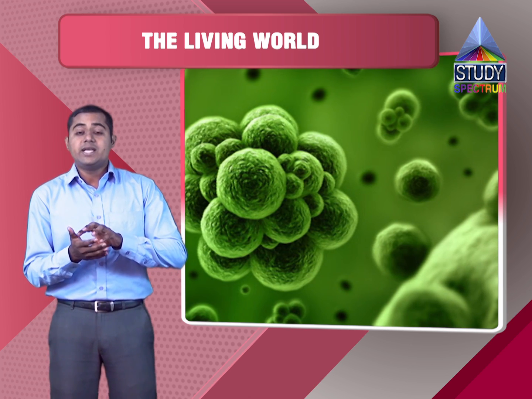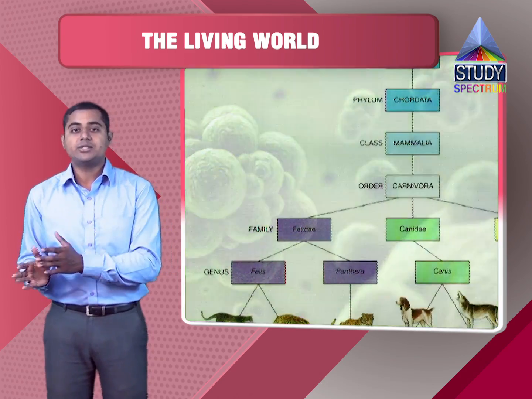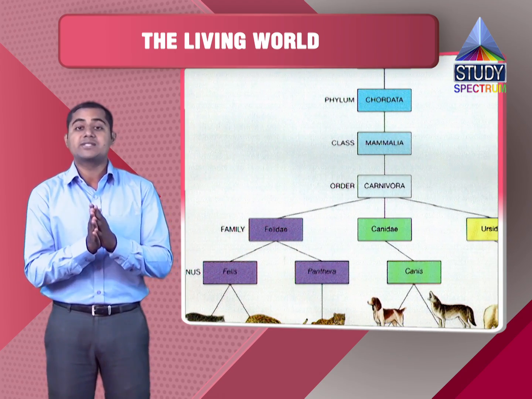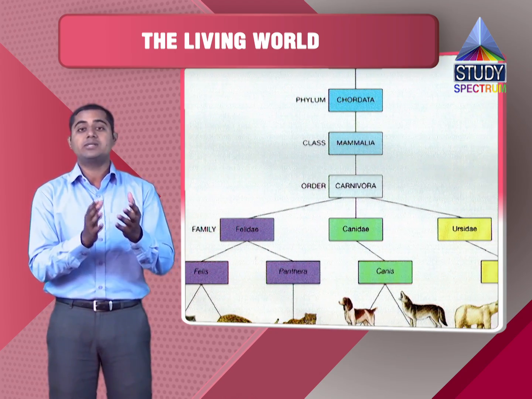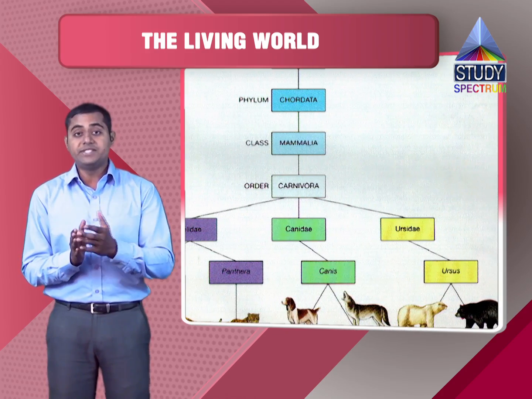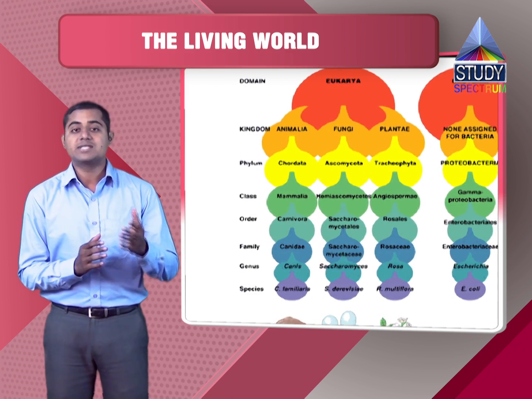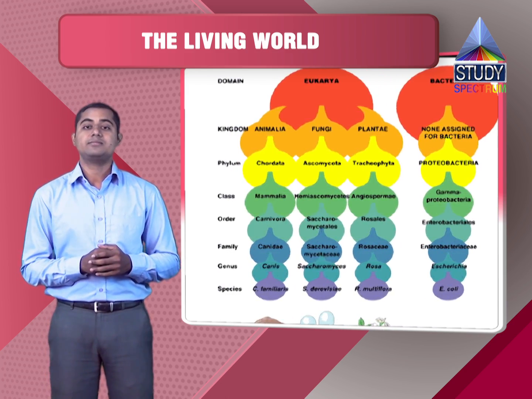So there is a specific way of categorization of living things that is called taxonomy. Taxonomical categories are kingdom, phylum or division, class, order, family, genus and species.